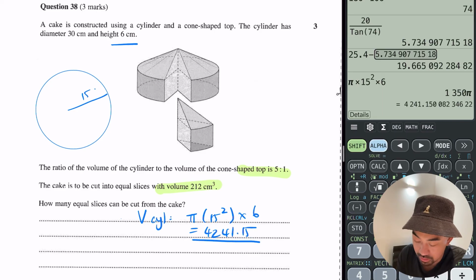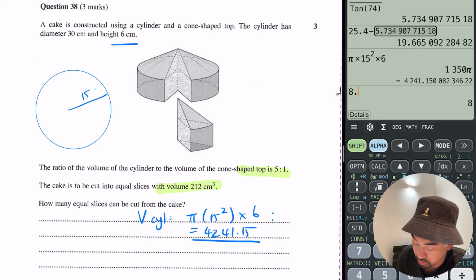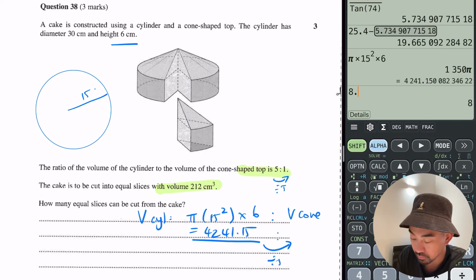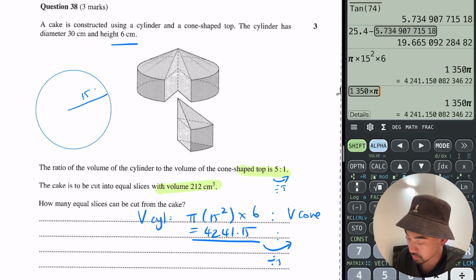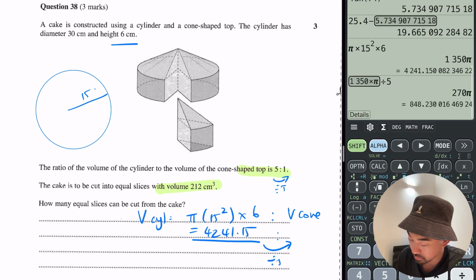Now they also tell us the ratio is 5 to 1. So the volume of the cylinder to the volume of the cone is divided by 5, right? Because it's 5 times as small. So answer divided by 5. The volume of the cone is 848.23.